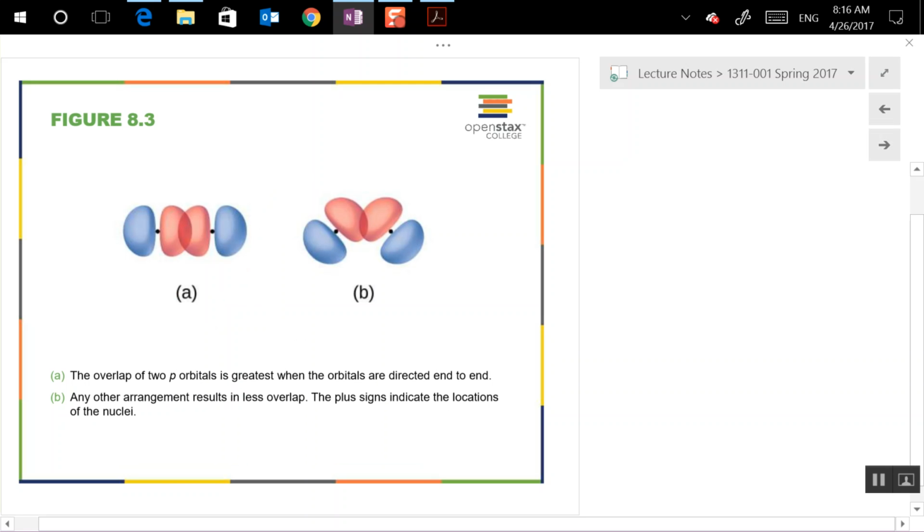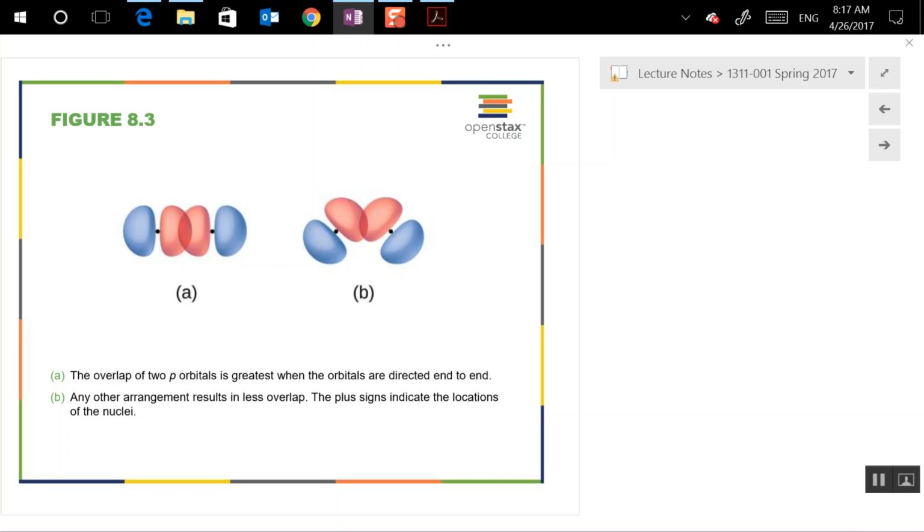Okay, all right. So here's an example of the types of bonds that you can identify on these molecules. You're going to have to be able to identify and tell me whether a bond is a sigma bond or a pi bond. Okay, and that has to do with whether it's a hybridized orbital or a non-hybridized orbital that is bonding.